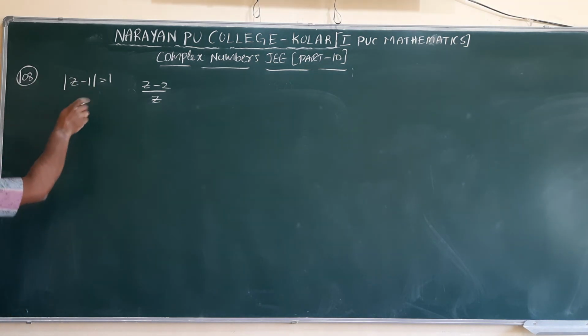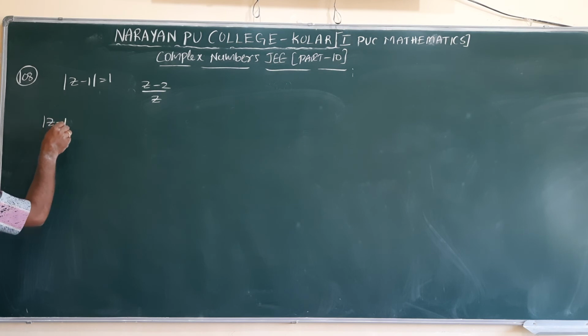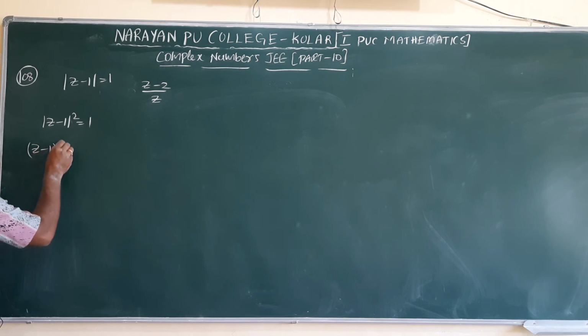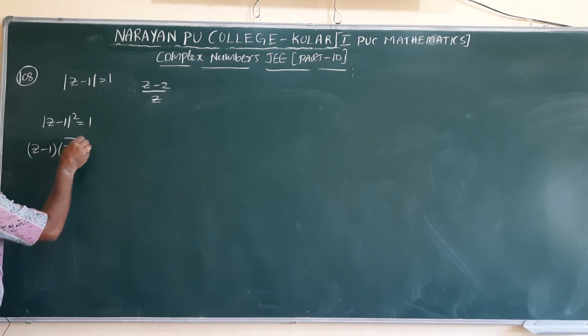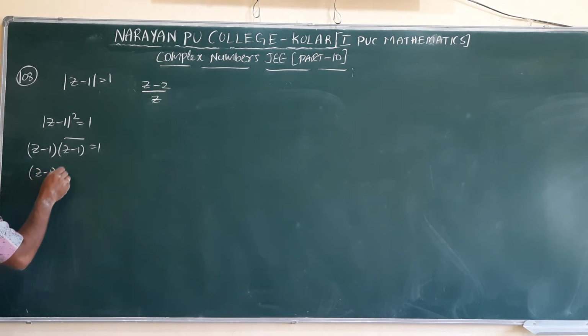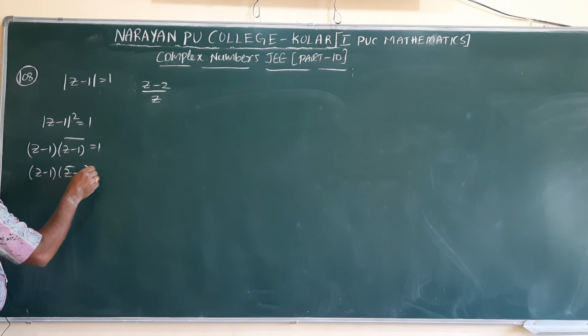Now squaring on both sides, we get modulus of z minus 1 whole square is equal to 1 square, which is 1. We already know that modulus of z whole square is equal to z into z bar. So it can be written as z minus 1 into z bar minus 1 is equal to 1.